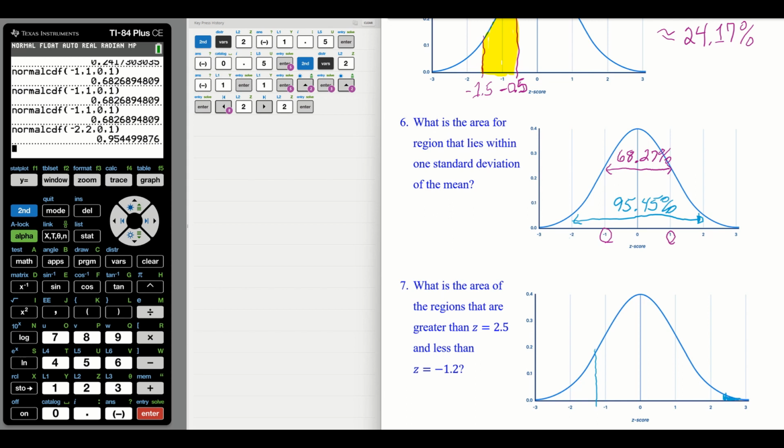Well, I'm looking at this blue area and this area in here. Those are the areas that we want. There's just a problem though. Our normal CDF will not give us these values.